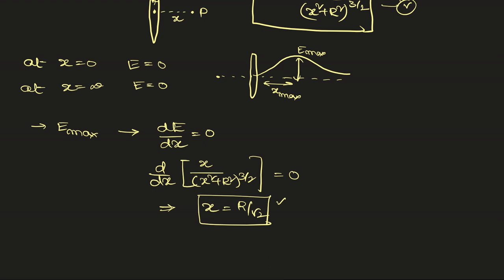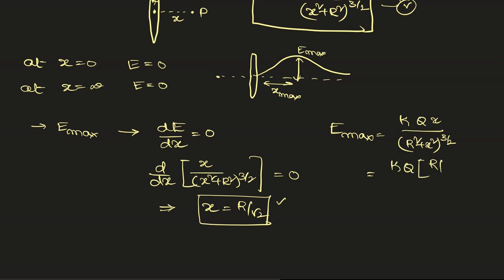And now what is that maximum value if they ask? What is our electric field formula? kQx by (r square plus x square) whole power of 3 by 2. So this will be equal to kQ into x is r by root 2 by (r square plus r square by 2) whole power of 3 by 2.